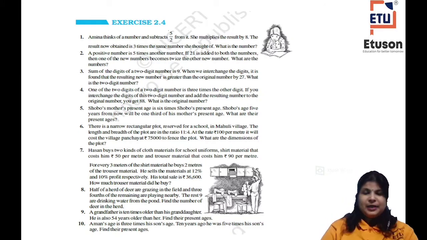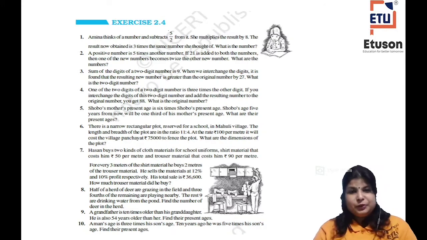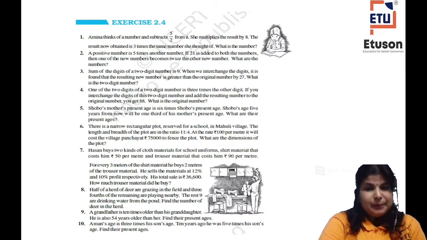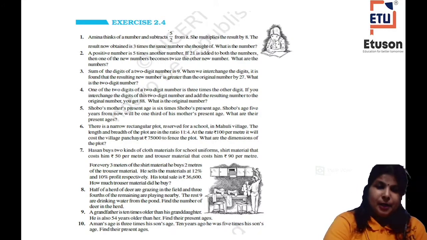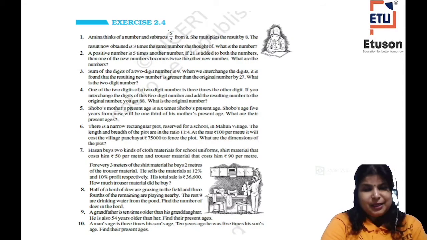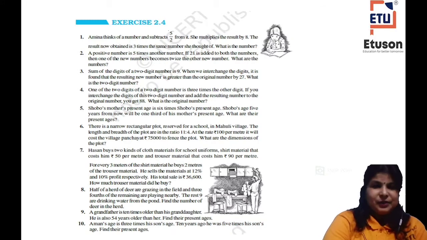Out of which, as usual, I will do 5 questions. There are 10 questions, I believe. I will do 5 questions for you, and the remaining 5 you have to do on your own. In case of any doubt, you ask me in the comment section. I will definitely get back to you. Okay, children? Shall we start exercise 2.4 then?